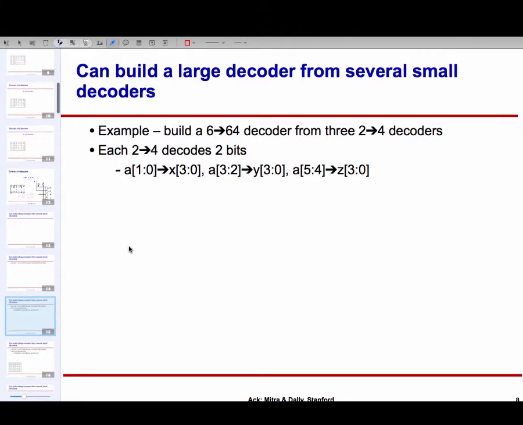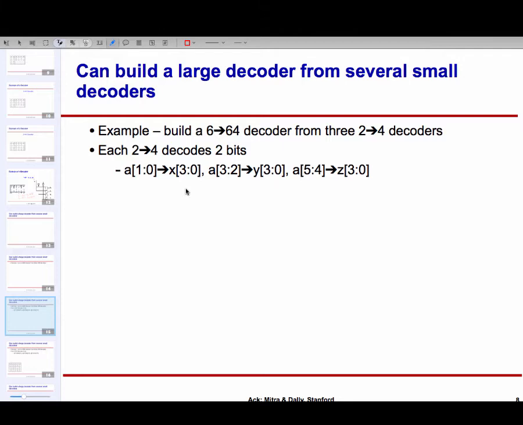Okay, so each 2 to 4 decoder decodes 2 bits, right? So what I can do is I can take the lower 2 bits of, so my input A has 6 bits. I can take the lower 2 bits of A, decode it, let's call it X, and since it will decode it to 4 bits, so X3 colon 0.